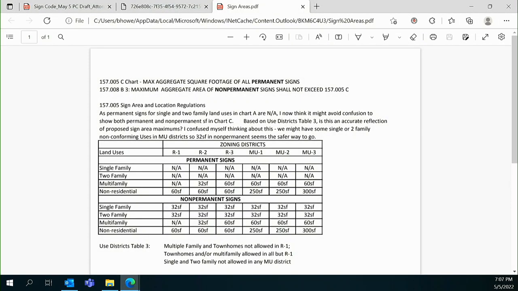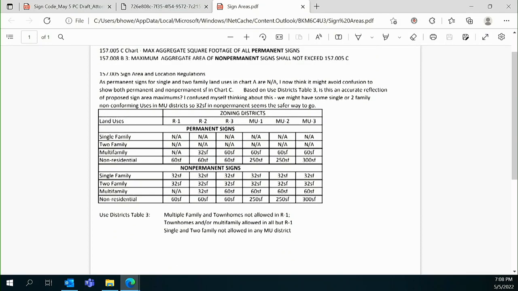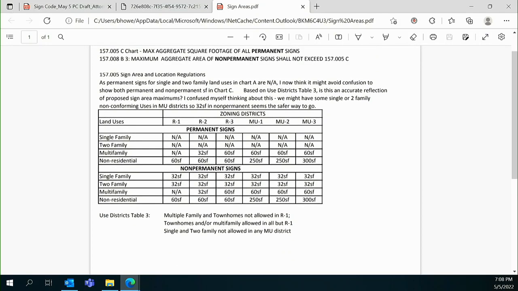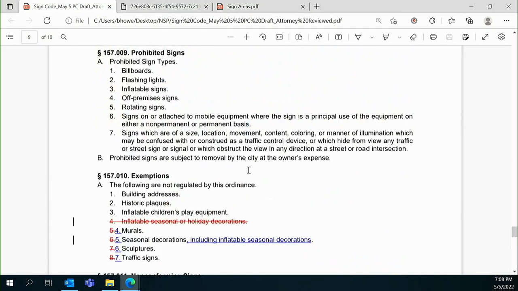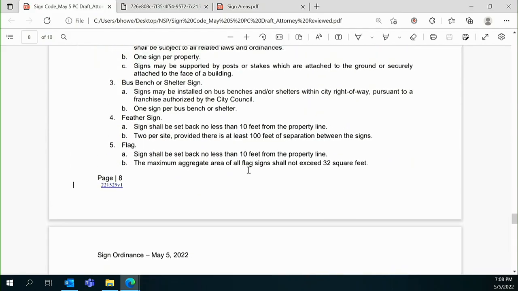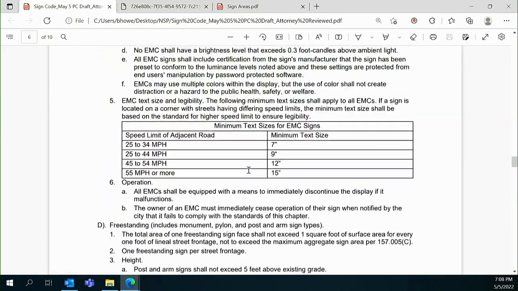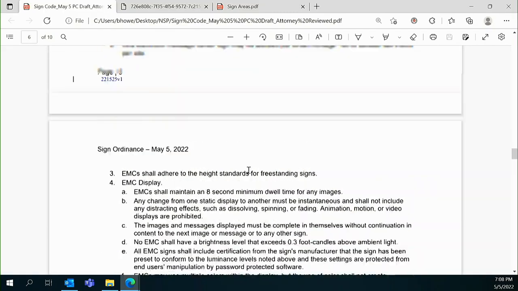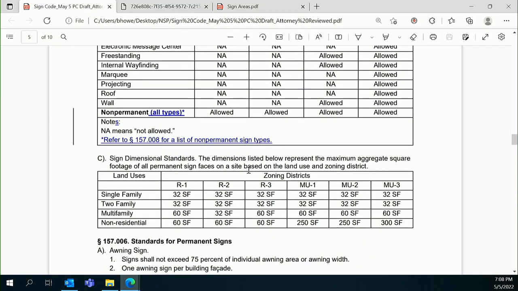Yep. Issue on the table, under C, for multifamily, it seems like there's some inconsistency between R1 and R2, where we've got 60 square feet for R1 and 32 square feet for R2. Okay, let me catch up to you. Seems like they ought to both be 32, or they both ought to be 60. R1 doesn't allow multifamily.